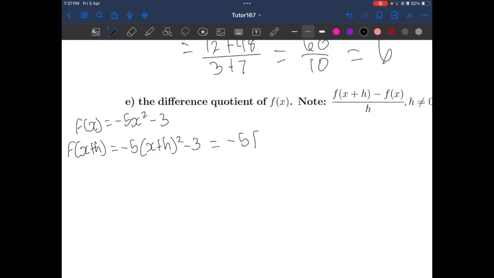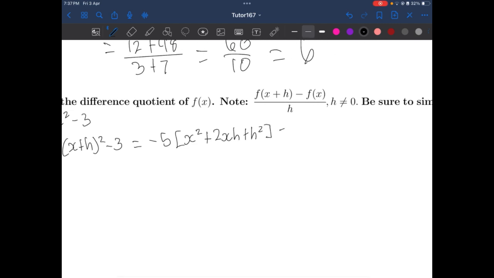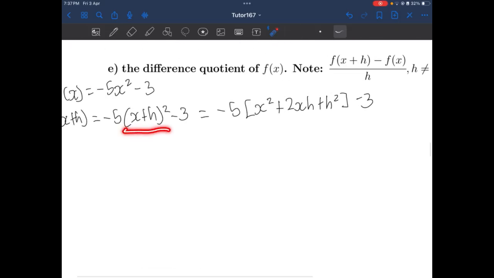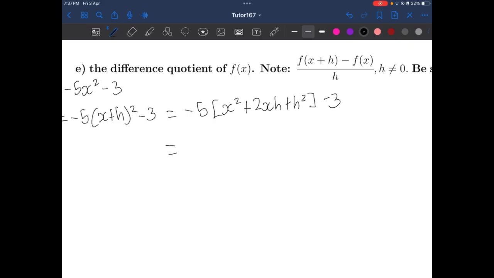So that's equal to negative 5 times x squared plus 2xh plus h squared, minus 3. I got that by just multiplying the x plus h squared out. And then you can distribute the negative 5. So that's negative 5x squared minus 10xh minus 5h squared minus 3, right?